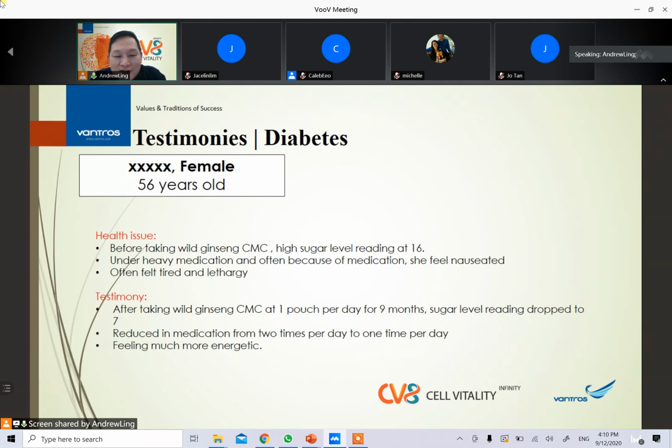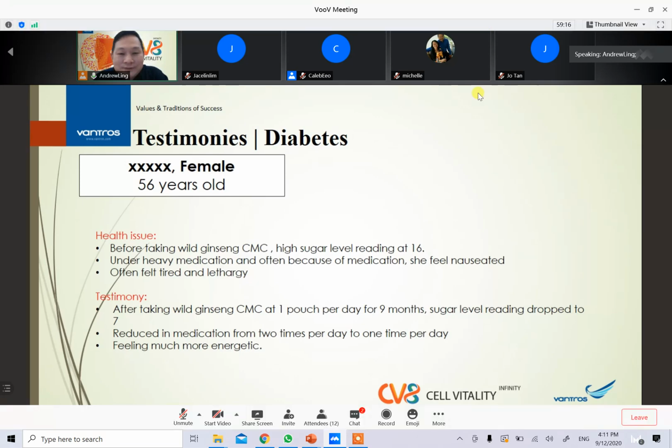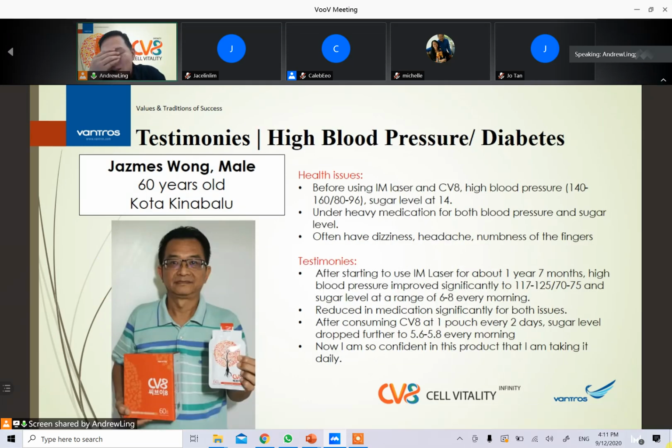After taking this ginseng CMC at 1 pouch per day for 9 months, her sugar level dropped to 7. She also reduced her medication from 2 times per day to 1 time per day. After taking this product, she feels more energetic and doesn't get tired so easily. Okay, and this is another example.